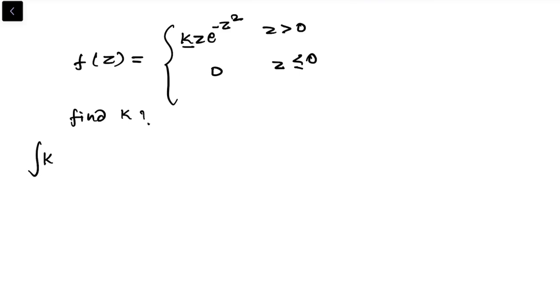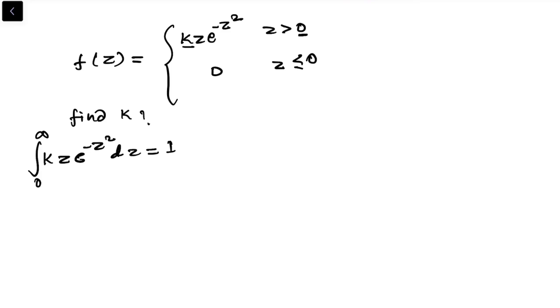So this is integration from 0 to infinity. Our lower limit is 0. So 0 to infinity, k times z e to the power minus z square dz equals 1. Now the main problem in this question is to integrate the function. People usually get confused while doing the integration.